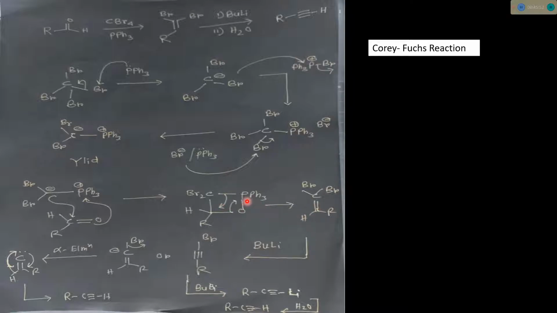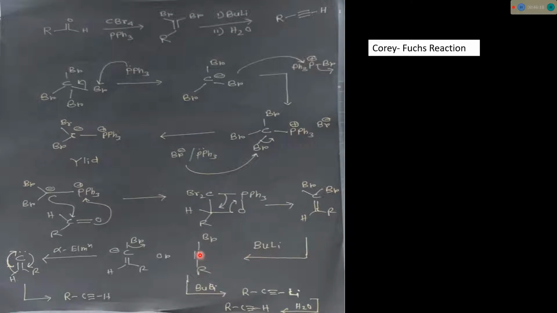Now since the P=O bond is stable, the ring will break in that way, and phosphine oxide will be released because the P=O bond is stable. At that stage, the dibromo alkene compound will form. From the dibromo alkene compound, there are two or three possible mechanisms by which we can obtain the alkyne.